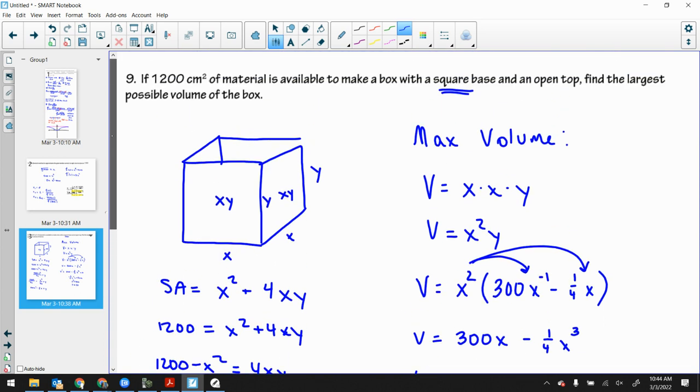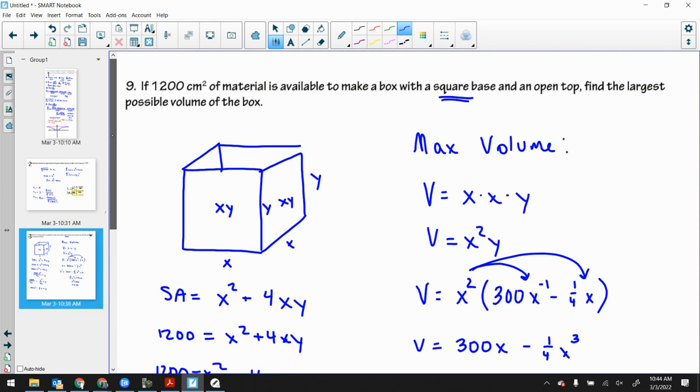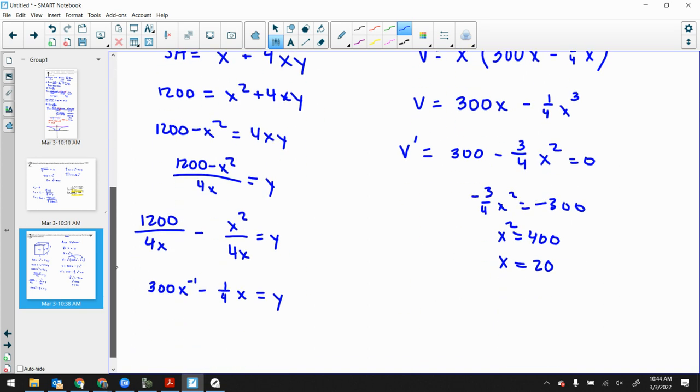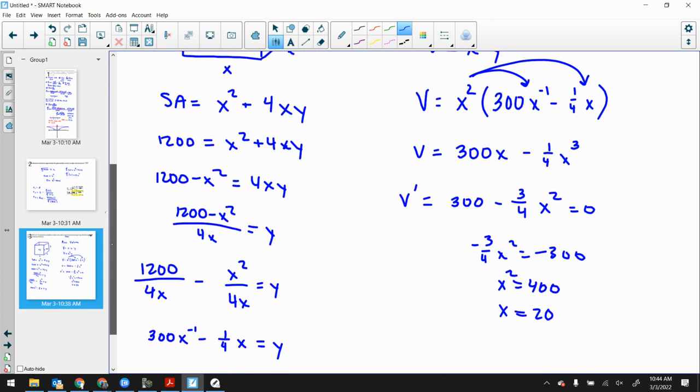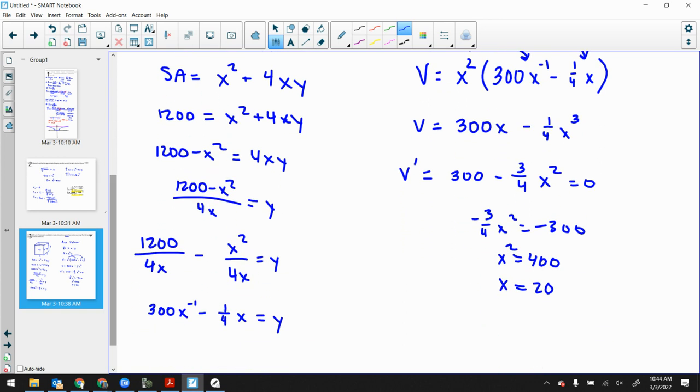What does it ask for now, though? It asks to find the largest volume. So x isn't my volume, right? Let's go back in and plug it in. I could find my y value associated with this and then find the full volume.